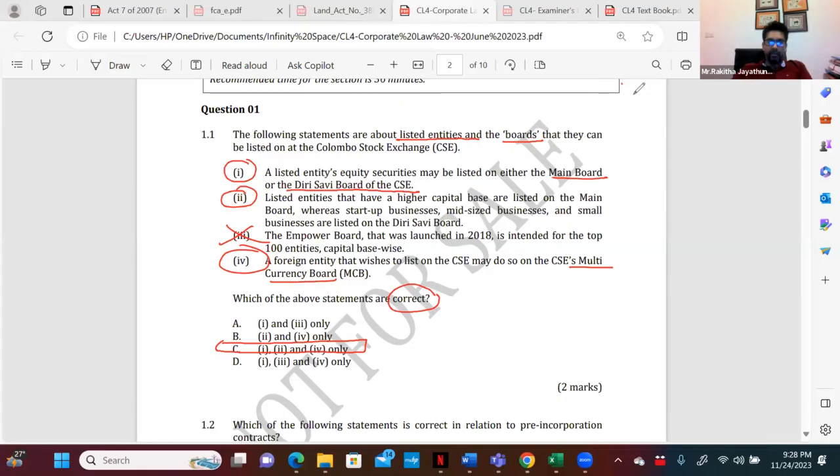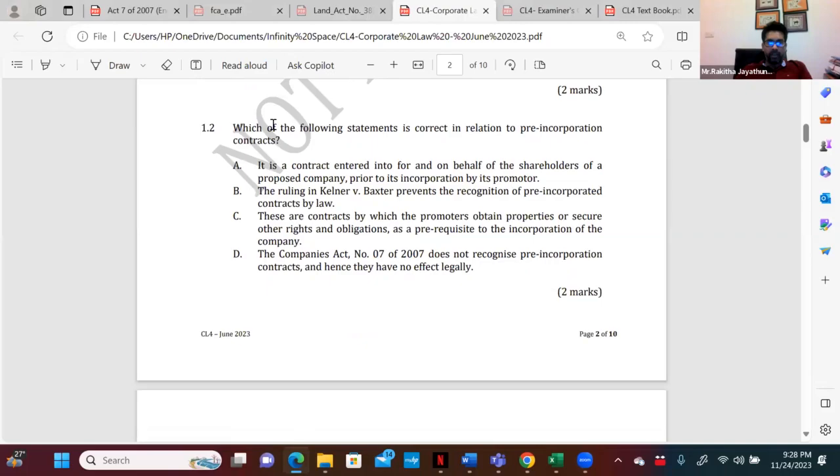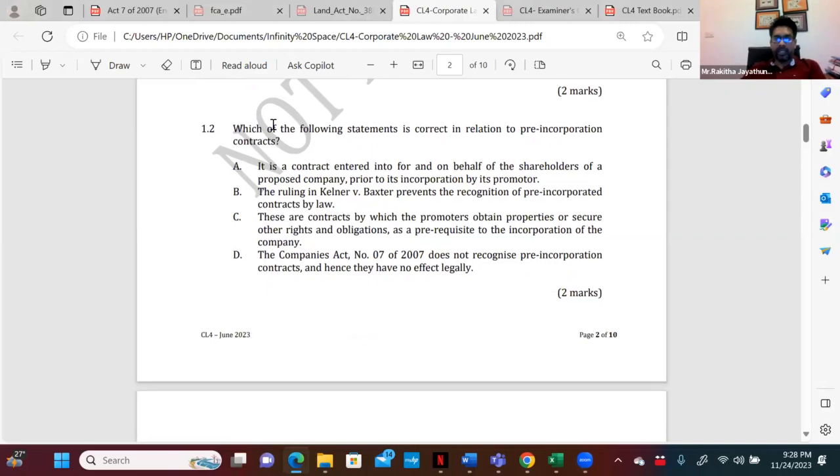Right. Then, which of the following statements is correct in relation to pre-incorporation contracts? What is a pre-incorporation contract? When you are incorporating a company, you have to make certain arrangements to incorporate the company. Now, you are going to start a new company.